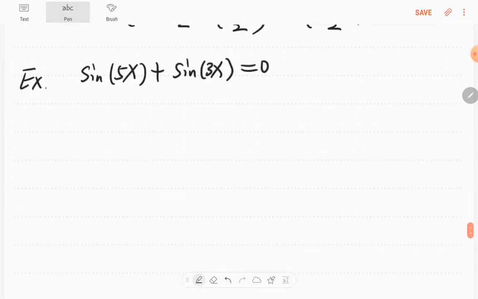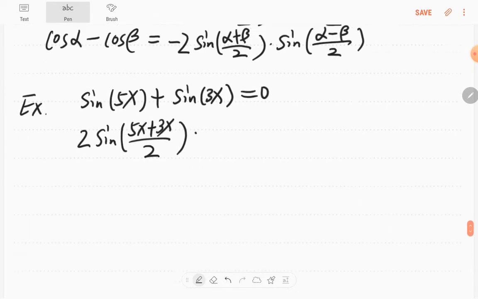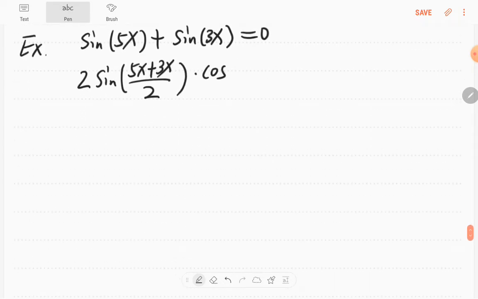It becomes 2 sine of alpha 5x plus beta 3x over 2, times cosine of 5x minus 3x divided by 2, equals 0.